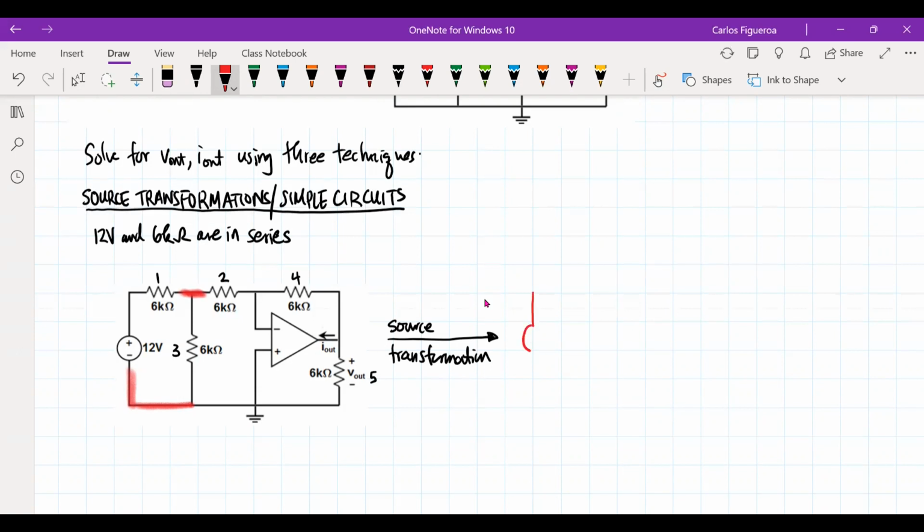So I'm going to have a 2 milliamp source going like this. I'm going to have a resistor that's going to be a 6K. And now I have my other 6K. So here's my 6K, and this 6K is resistor 3. Then I have this guy up here, which is my resistor 2.